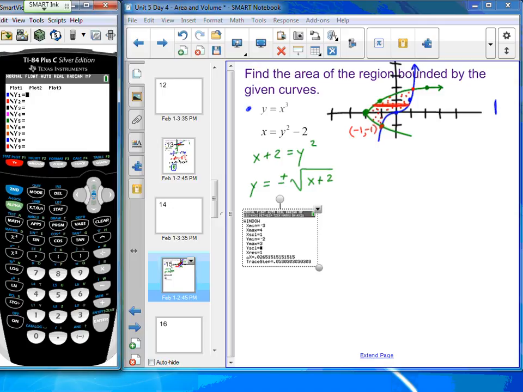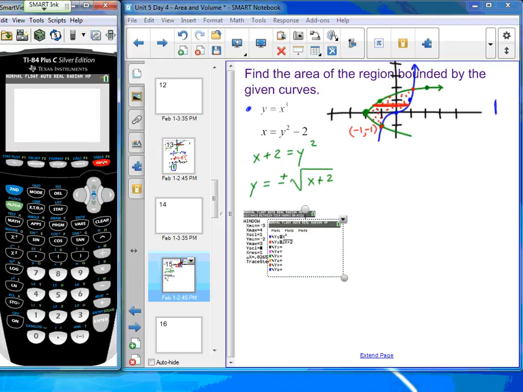And we need x cubed. I like the shortcut math 3 buttons. Pretty print. And we need the square root of quantity x plus 2. And we need a pretty graph.